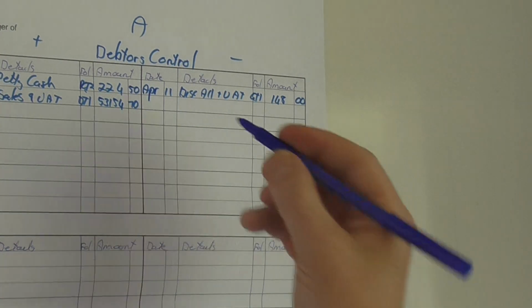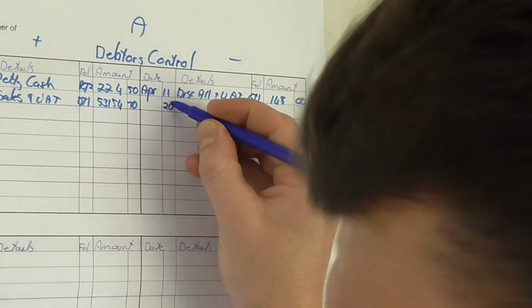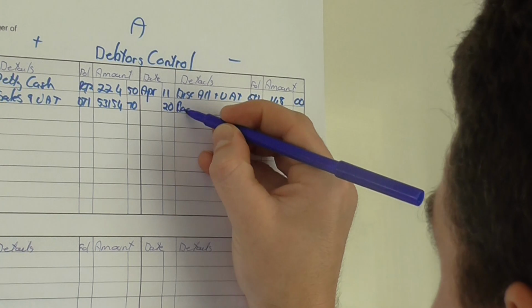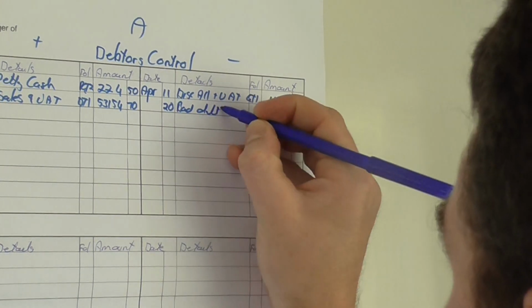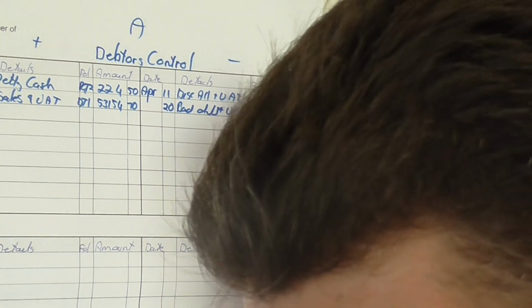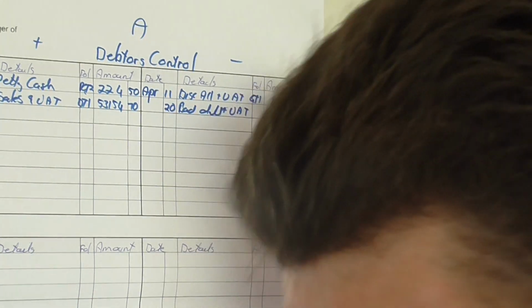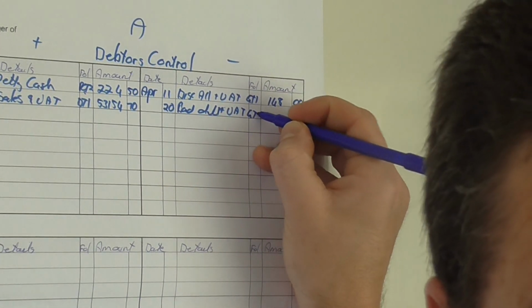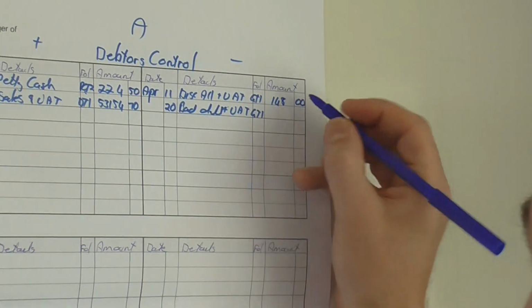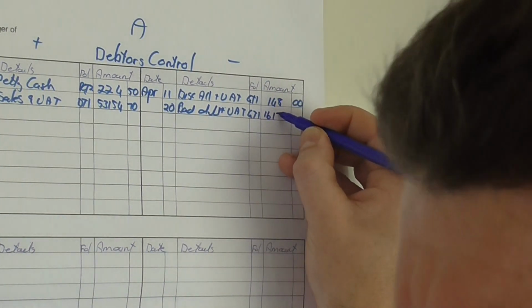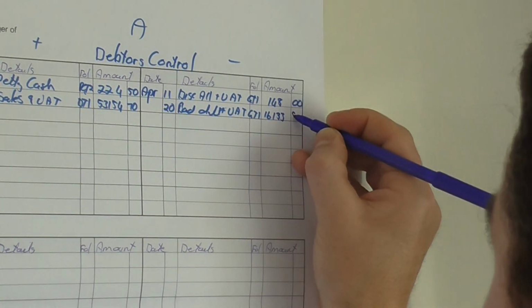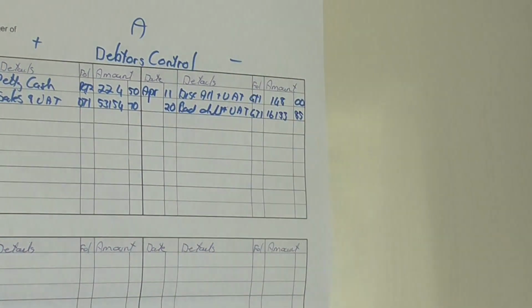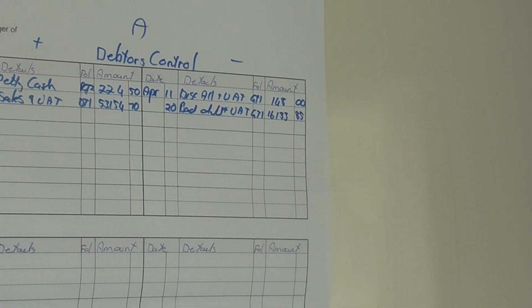So that is the 20th. Bad debt plus VAT. That was also your General Journal 1. And the amount was 1613385.